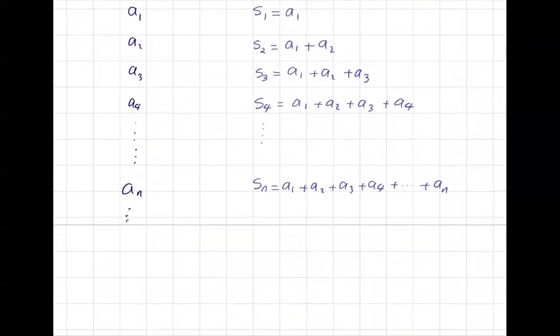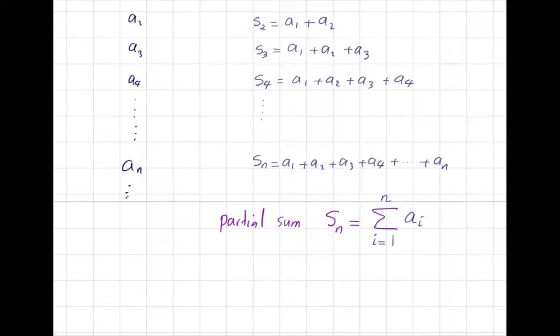If you stop at a sub n, you're basically defining a series that has a partial sum. So the partial sum of the series is denoted by S sub n, which is the summation of all of these terms, a sub i or a sub j, anything that you like, where i starts from 1 and stops at n. This is the partial sum.